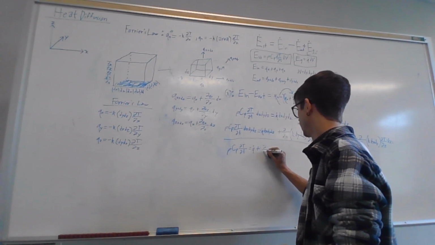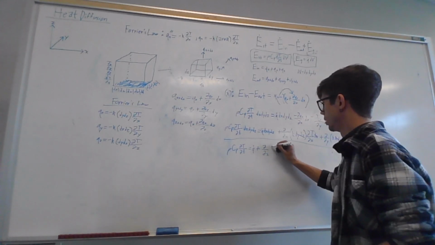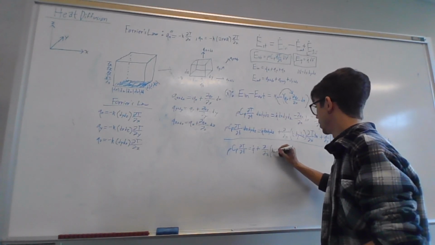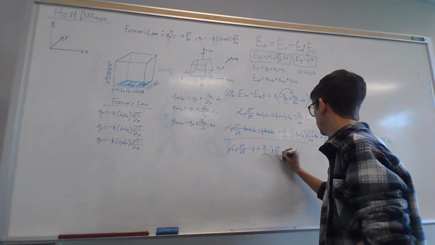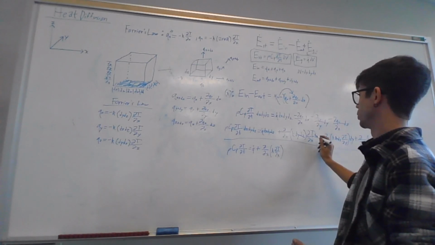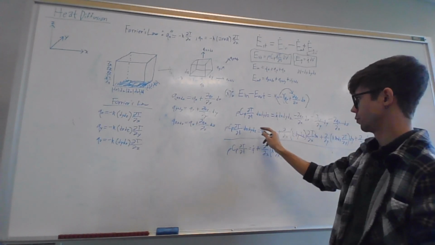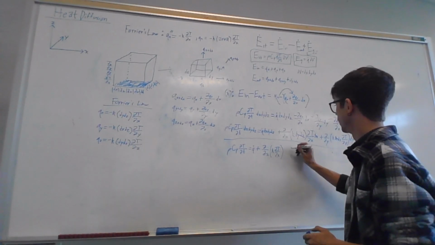So we have the partial derivative with respect to x of k dT/dx. Now notice we don't have that dx on the end anymore, because we combined it with the dy dz and canceled out our volume term. So it's just d/dx of k dT/dx.